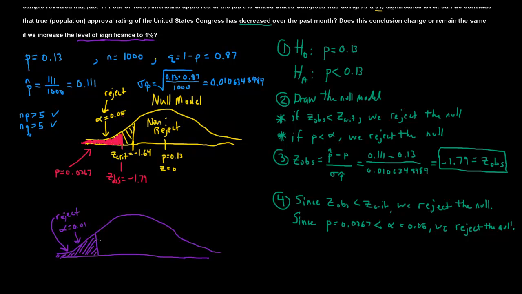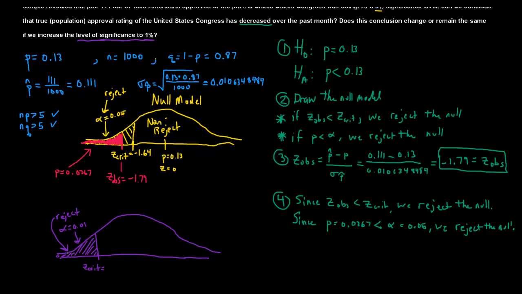Now, if alpha is 0.01, we want to know what is the z critical value such that to the left of z there's only 1% of the area under the curve, 0.01. You use the chart in the back of your book, or maybe you remember this.